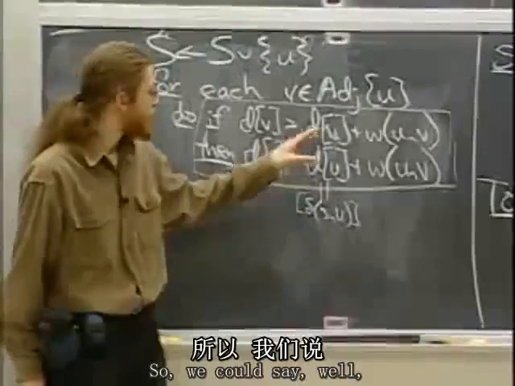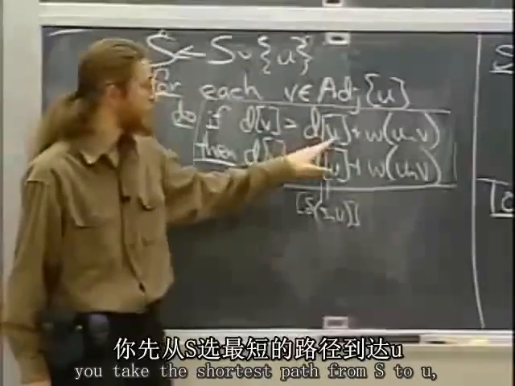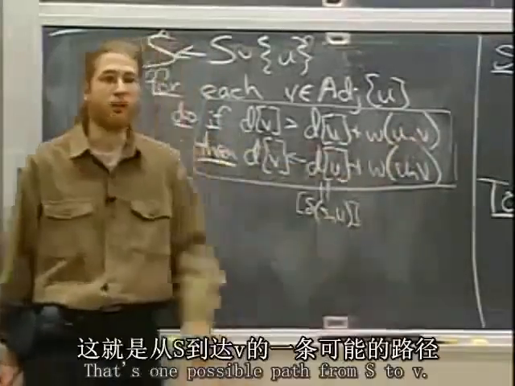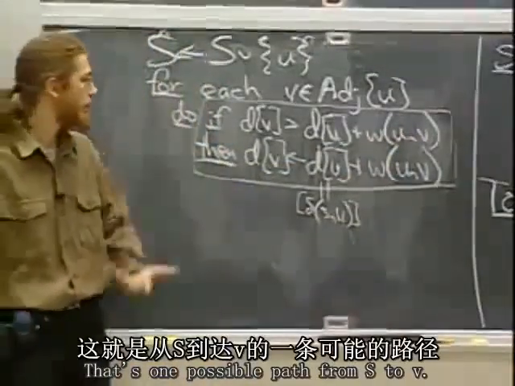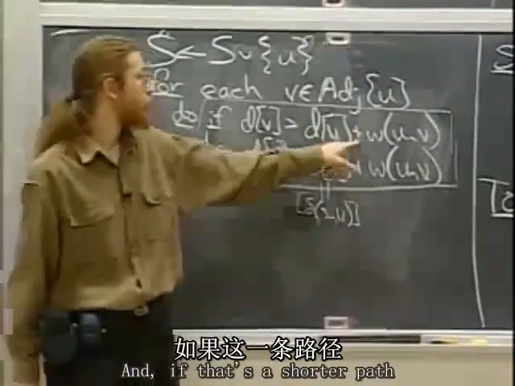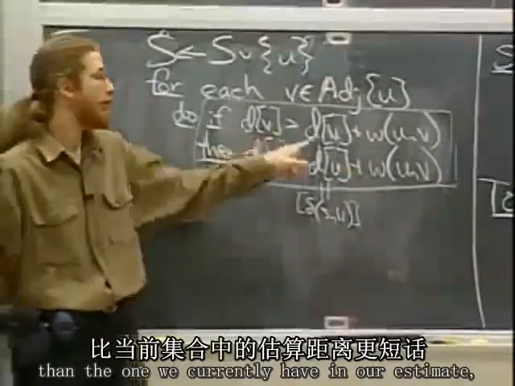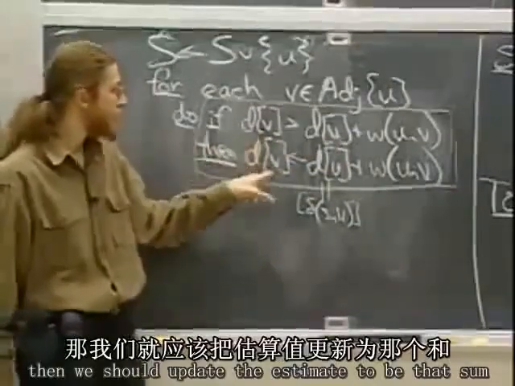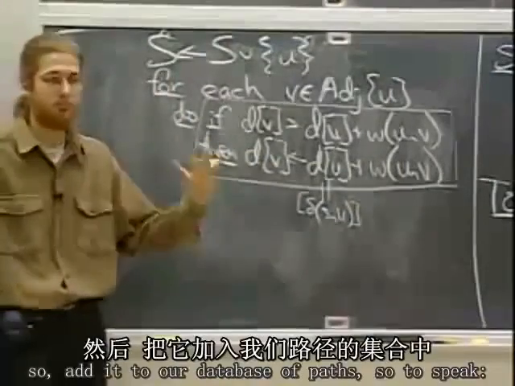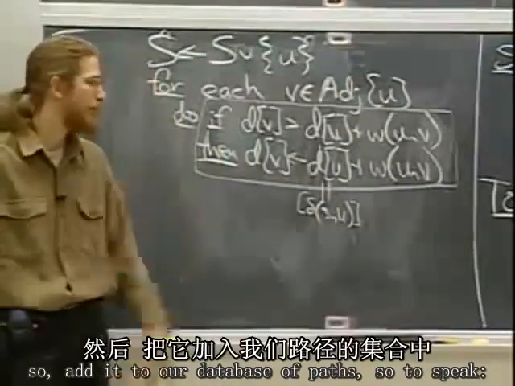So you take the shortest path from S to u, and then you follow this edge from u to v. That has weight w of uv. That's one possible path from S to v. And if that's a shorter path than the one we currently have in our estimate, then we should update the estimate to be that sum, because that's a better path. So add it to our database of paths, so to speak.